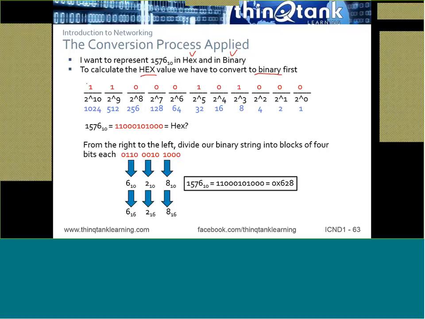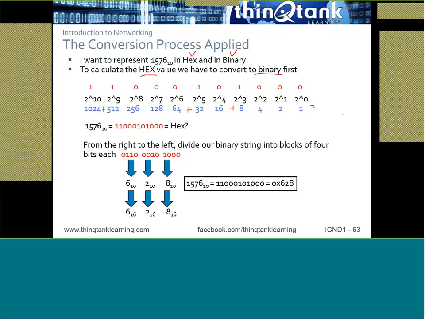The 512 column is turned on, so I'm taking that number plus that number plus the 32 plus the 8, and that's going to equal my 1576. 1024 plus 512 plus 32 plus 8 equals 1576. All right, you guys agree with that?